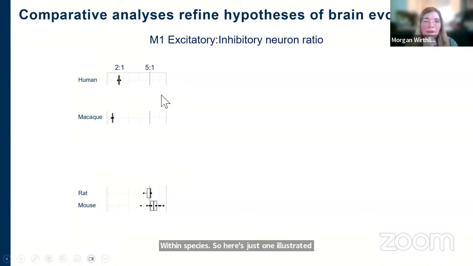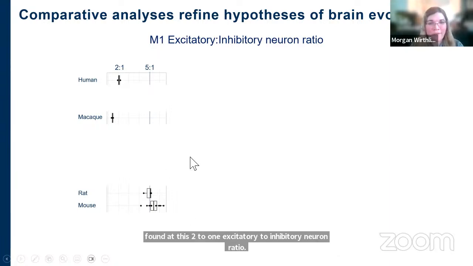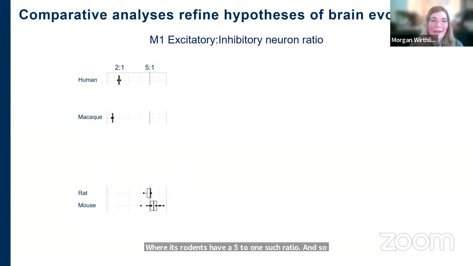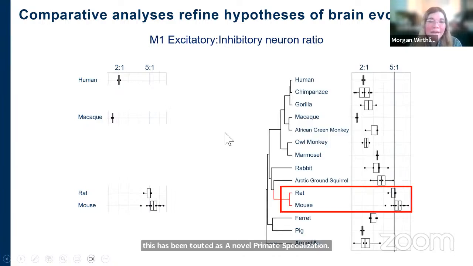So in M1, there's this finding that you can even read about in textbooks where humans and macaques have been found to have this 2-to-1 excitatory to inhibitory neuron ratio, whereas rodents have a 5-to-1 such ratio. And so this has been touted as a novel primate specialization. When you put things in their evolutionary context, however, that seems to not be the case.